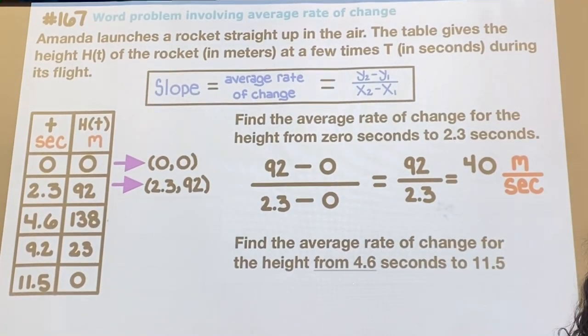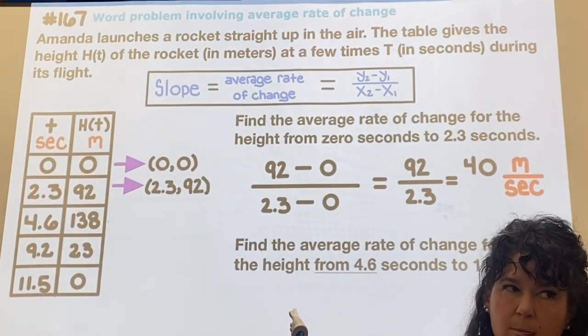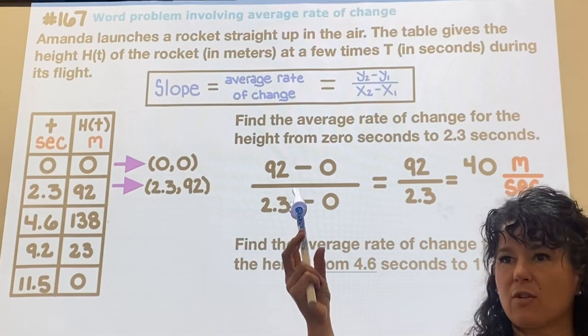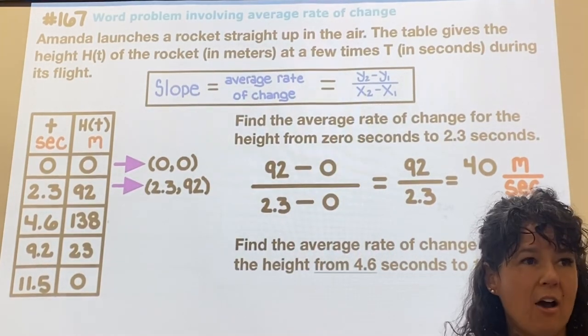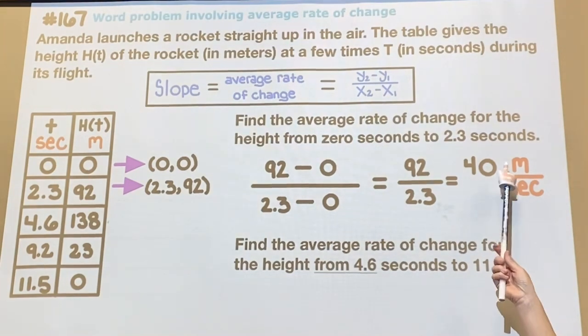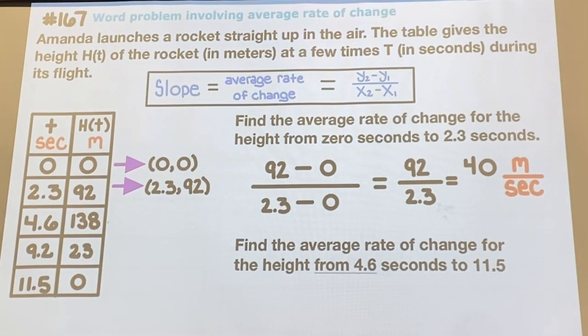That's not the same as instantaneous rate of change. Like when it starts off, maybe it was going a little slower, it got faster, faster, faster, and then it gets slower again. So it's just saying on average, it was increasing 40 meters every second from time 0 to 2.3 seconds.